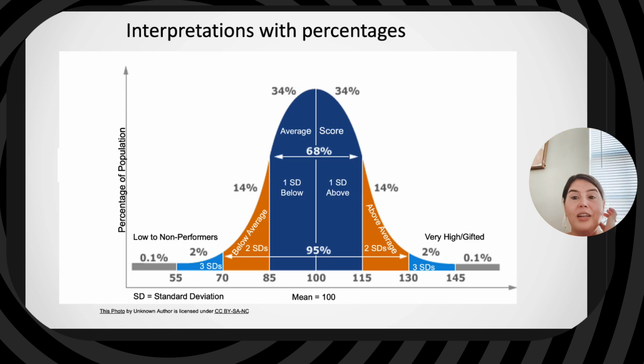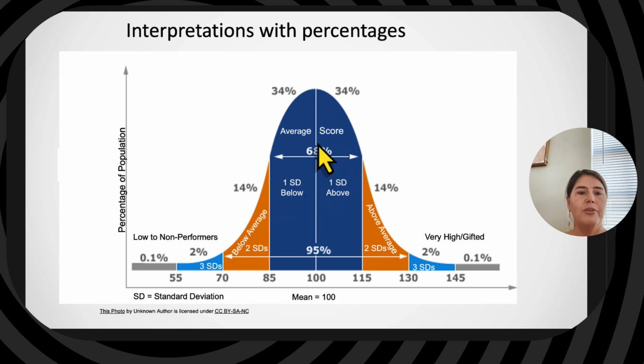So now that we've identified what the mean and these standard deviations mean, let's go back to the normal bell curve. So we usually look at it to compare by talking about standard deviations. The dark blue areas represent one standard deviation above and below the mean.